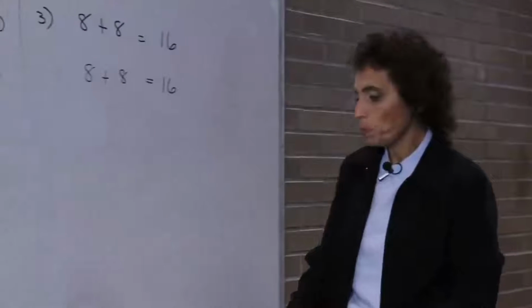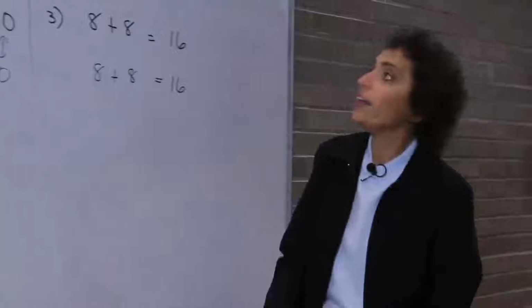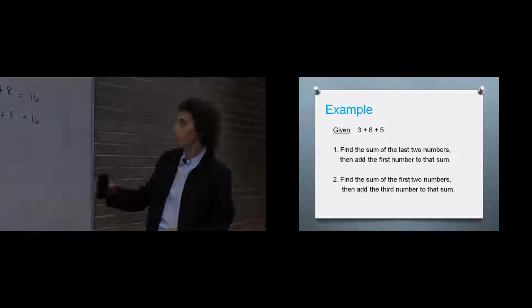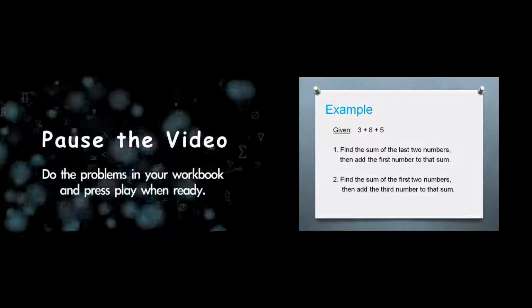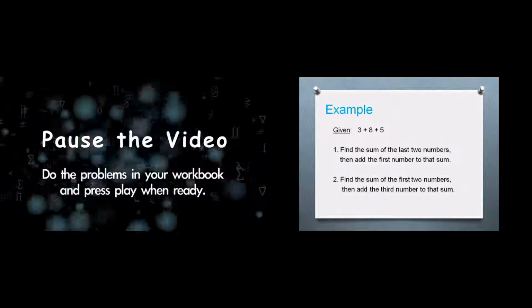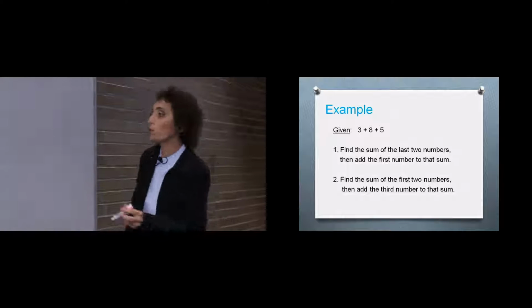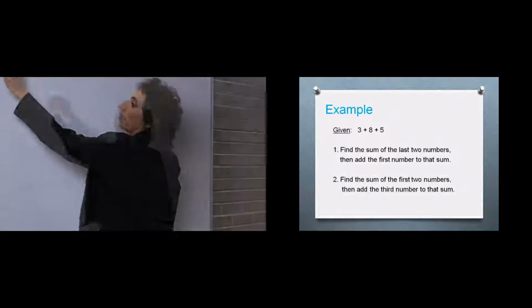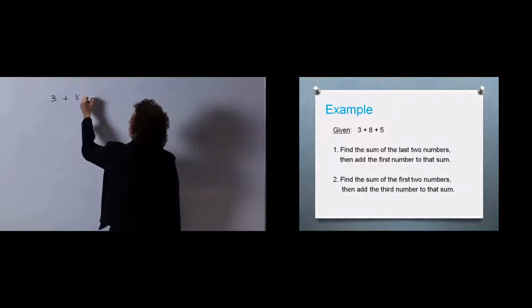Okay. Would you stop the video and do the next problem that's in your workbook? Okay, I hope that problem went okay for you. Let's take a look at it. It's 3 plus 8 plus 5.